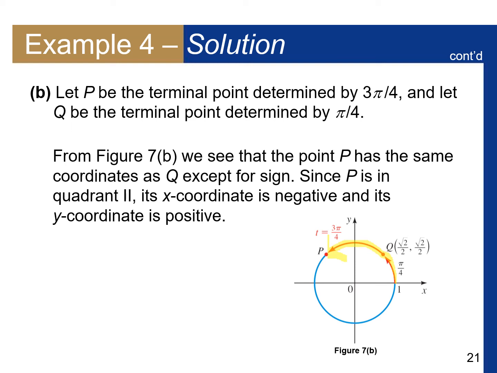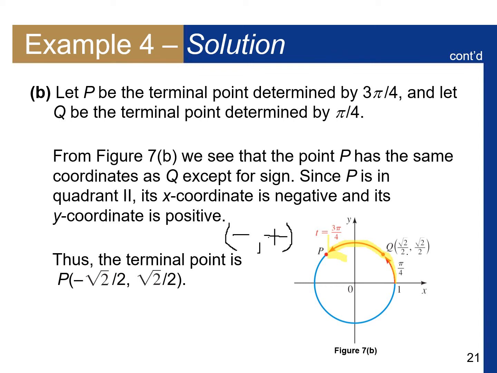Now, keep in mind that this is the second quadrant, where my value is negative on the x and positive on the y. So instead of the square root of 2 over 2, square root of 2 over 2, it's going to be negative square root of 2 over 2 and positive square root of 2 over 2.